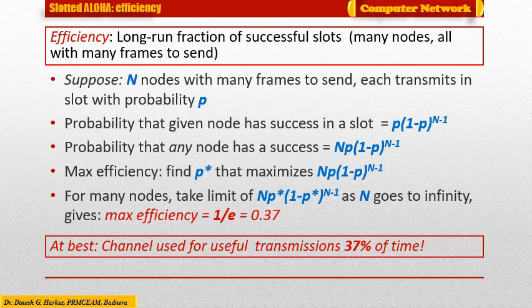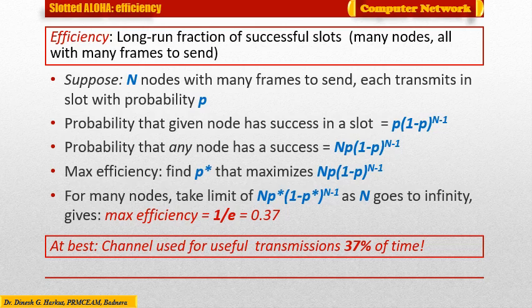Suppose there are n nodes competing for a common shared channel. Then the probability that a given slot is a successful slot is the probability that one of the nodes transmits and that the other remaining n minus 1 nodes do not transmit.